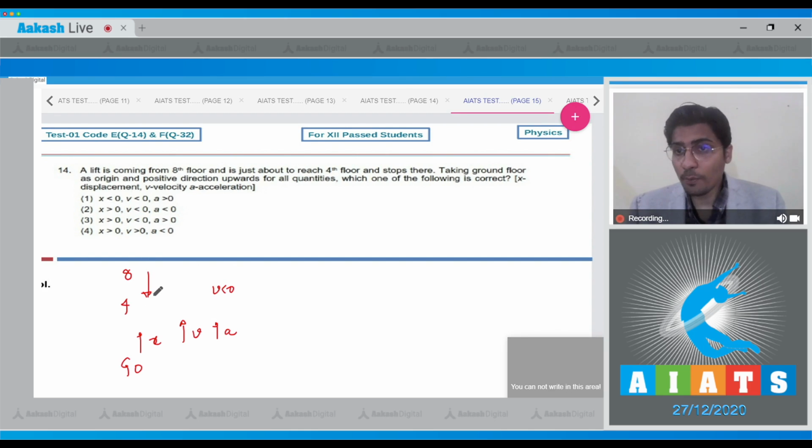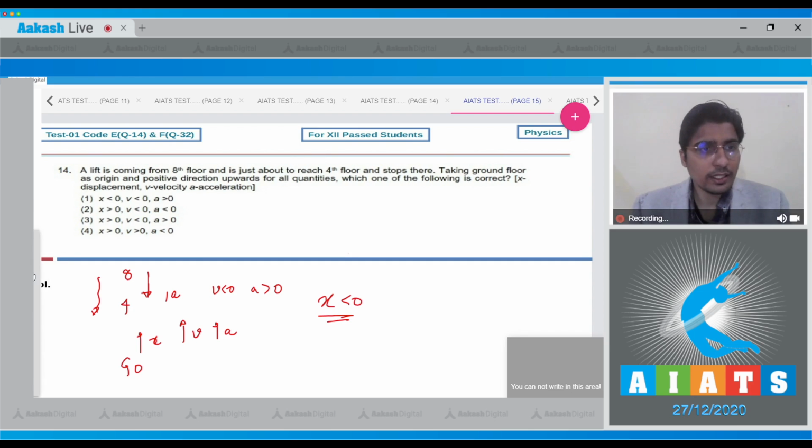Now, as it stops, the lift is retarding, meaning that the acceleration will be upwards and hence greater than 0. As the lift is moving downwards, the displacement x will be less than 0. Considering all these signs, the correct answer for this question is option number 1.